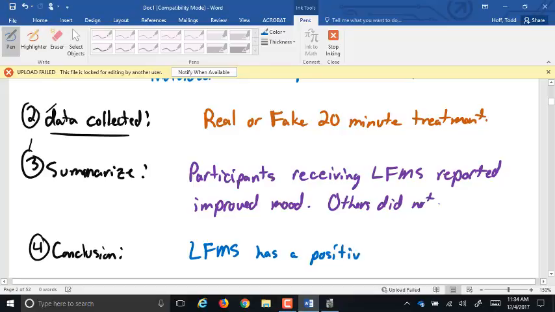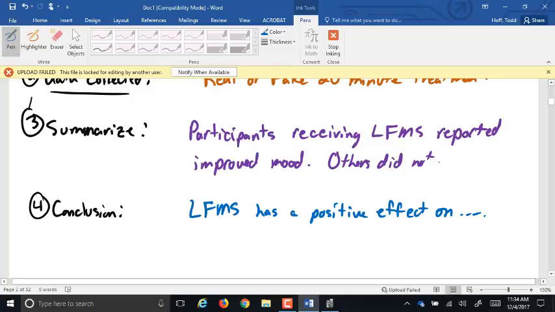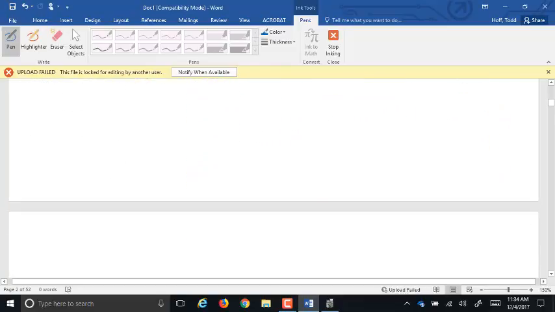There you go. The LFMS treatment has a positive effect on those patients with depressive or bipolar disorders. Good.